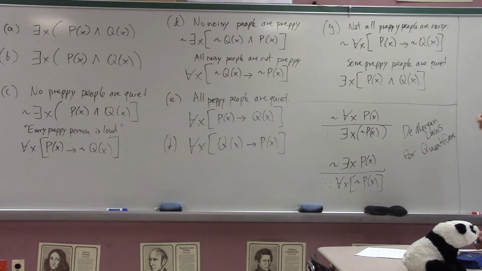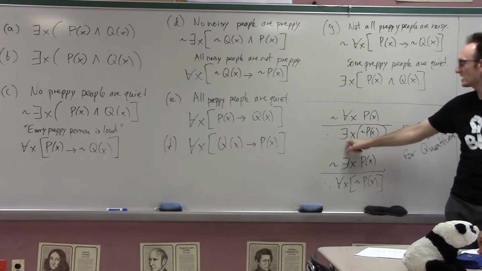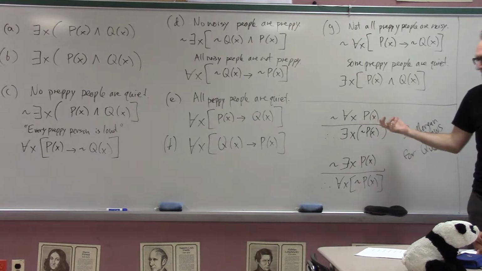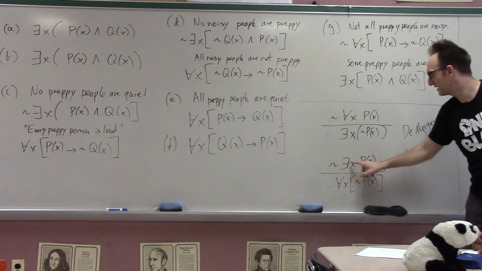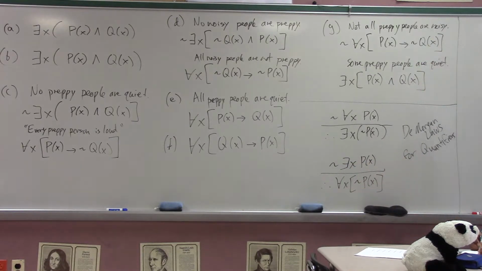So okay, first let's just talk it out one more time. If it's not true that everyone is preppy, then there is someone who's not preppy. That just seems got to be right. And if there's not a preppy person, then everyone is not preppy. These were first written down at least by Aristotle.